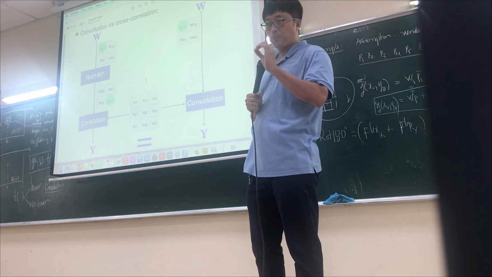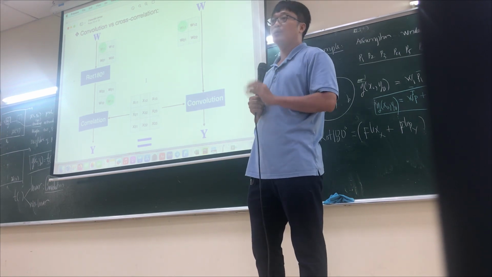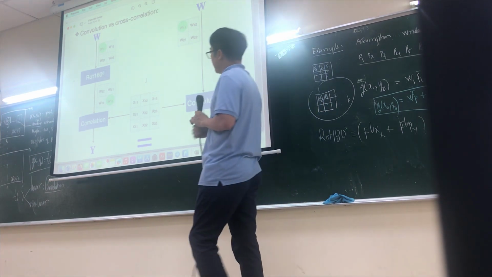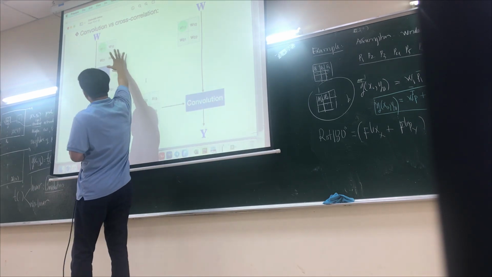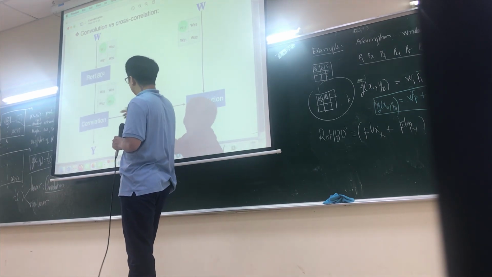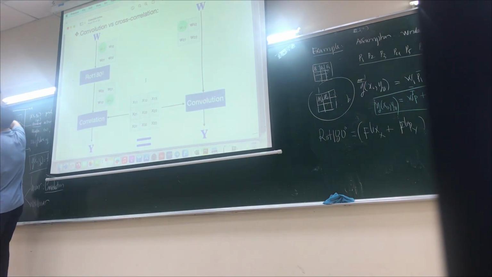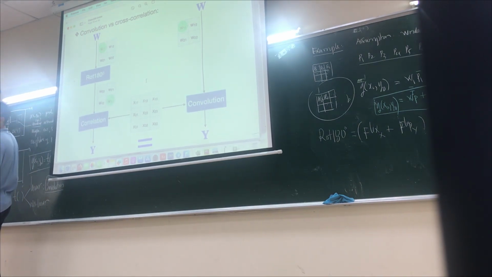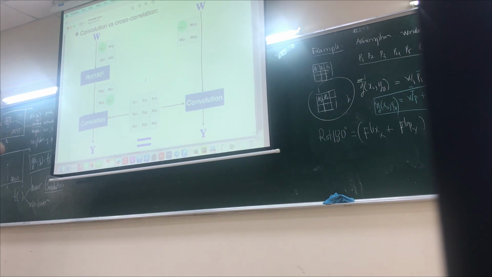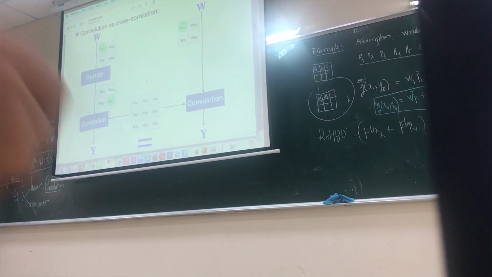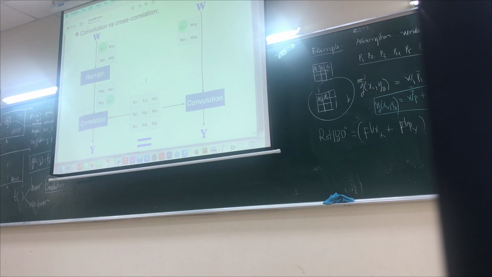So again, convolution in theory: you have the input and the kernel, you have to rotate the kernel, and then you perform correlation. What is correlation? You use the kernel, you slide it, you multiply and fill in the result.